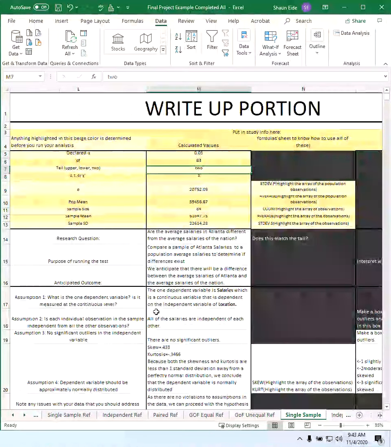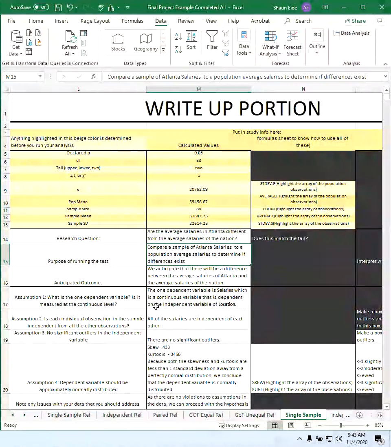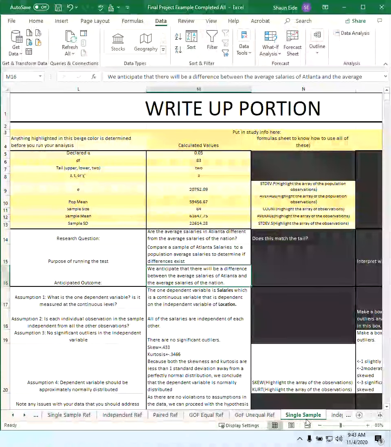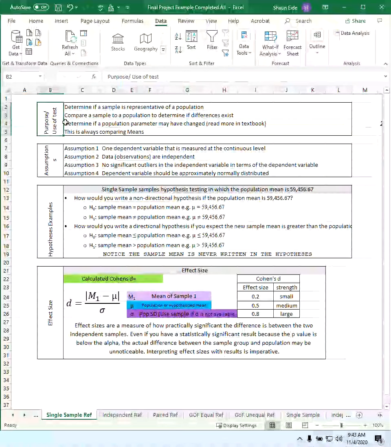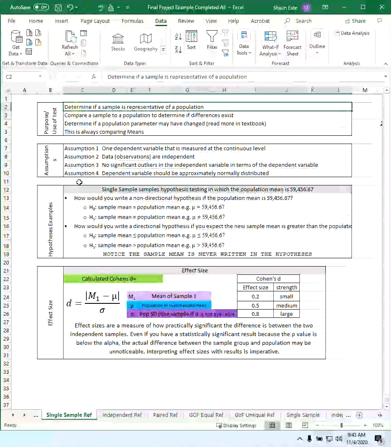Okay, next. Purpose of running the test: to compare a sample of Atlanta salaries to a population average salaries to determine if differences exist. Now, I want to point something out to you. You've got this single sample right here. Go to the single sample reference. So there are different purposes for this test. You can determine if a sample is representative of a population.